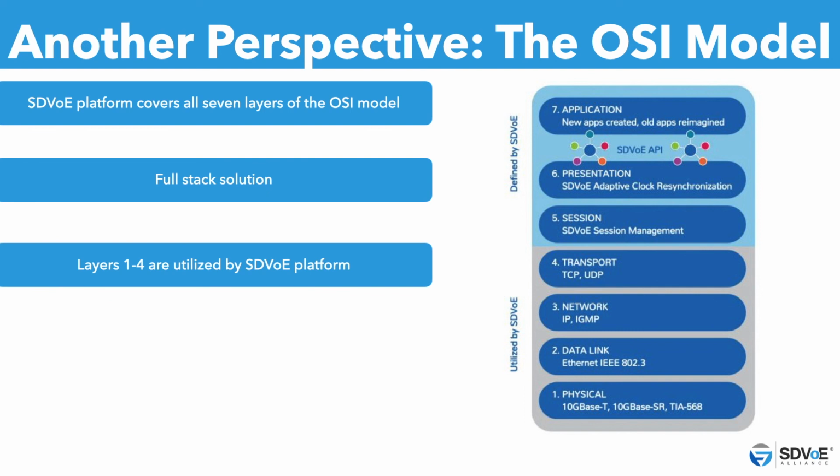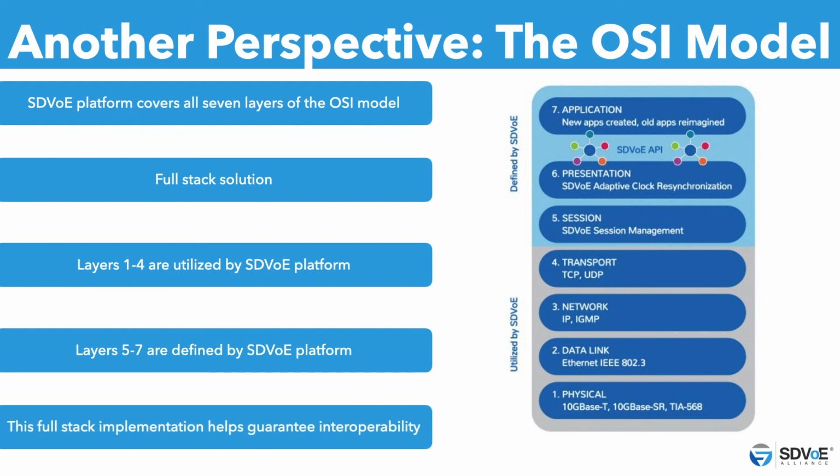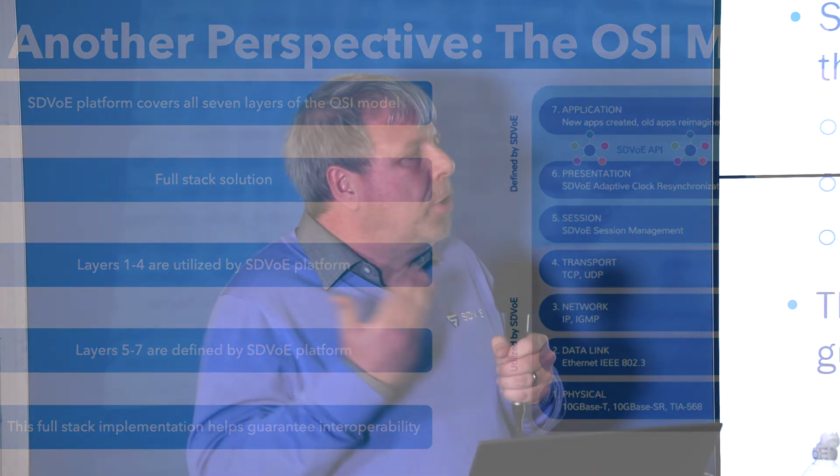These are being used by SDVoE. But the other 3 layers, layers 5 to 7, are defined by the SDVoE chipset and the API. So this full stack implementation is the one that ensures interoperability.